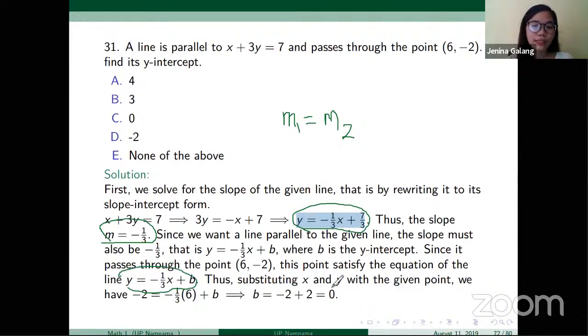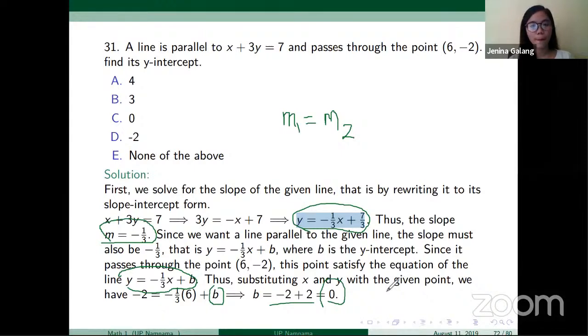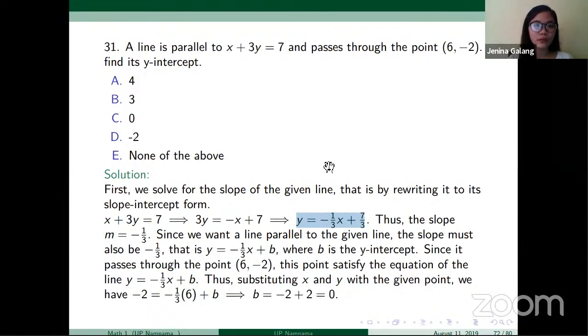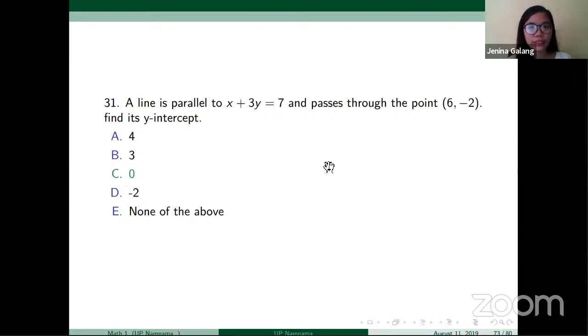Thus, substituting x and y with the given point, we have negative 2 equals negative 1/3 times 6 plus b. So yung y-intercept natin is negative 2 plus 2, which is 0. So letter C, yung sa third one.